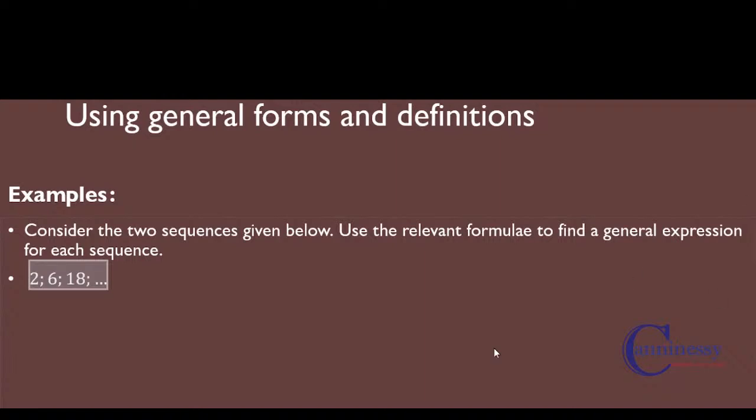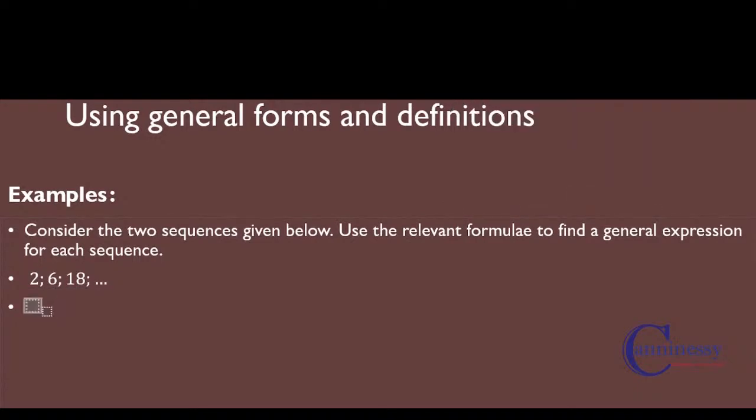So here we have 2, 6, 18. As you can see, this is a geometric sequence because 6 divided by 2 is 3, and also 18 divided by 6 is 3.